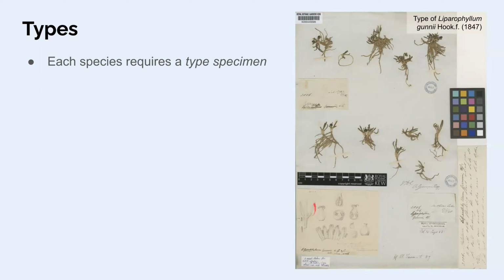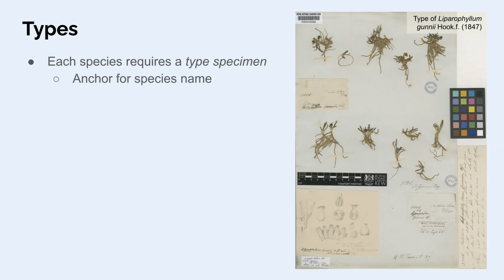So flower from the side, dissected flower showing the petals and the stamens attached to the petals, cross sections, longitudinal sections of the ovary. So that's kind of an extra bonus you don't often get on a type specimen, but very clearly illustrating what this plant looked like before it was dried and flattened.